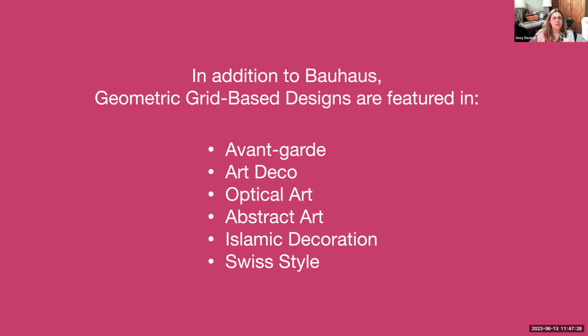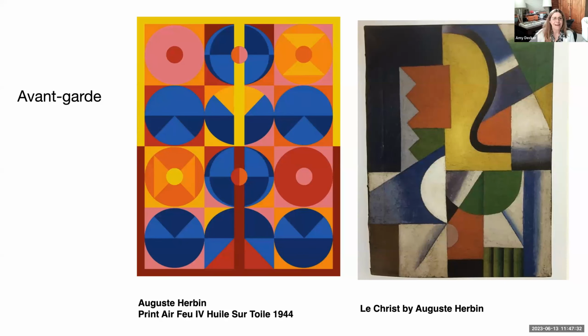Let's go through a few of these and see some examples of what I mean. Start with avant-garde. Here's a couple examples of avant-garde. See the grid, you can see the shape-based, you can see repetition and patterning.